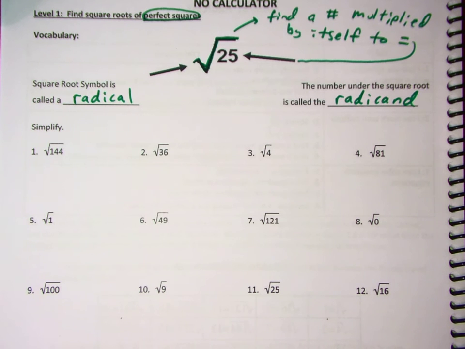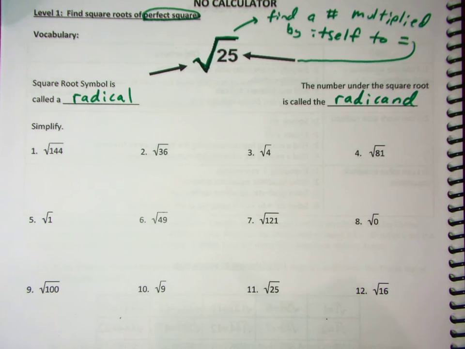And that's it. And so the first level is going to be pretty straightforward. These are all going to be numbers that you can actually figure out. My suggestion would be to avoid using the calculator. Do what you can do without, okay? But we'll do a couple of these.